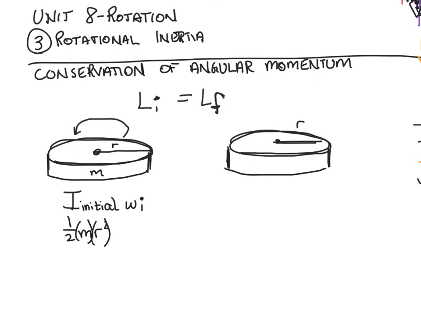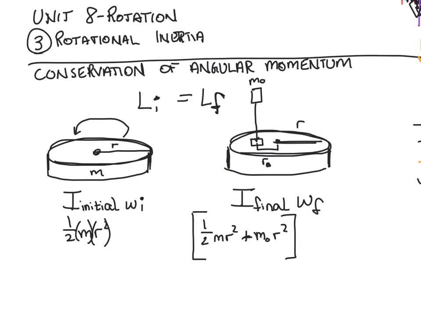Whereas on the other side of this disk, somebody has dropped, let's say, a mass onto the disk. And we now have an object stuck on the top of the disk. The object increases our rotational inertia by a factor of the mass of the object multiplied by its distance from the center of the rotating system. Solving that out, we have a new final rotational inertia. Unpacked, the equation would look like this.